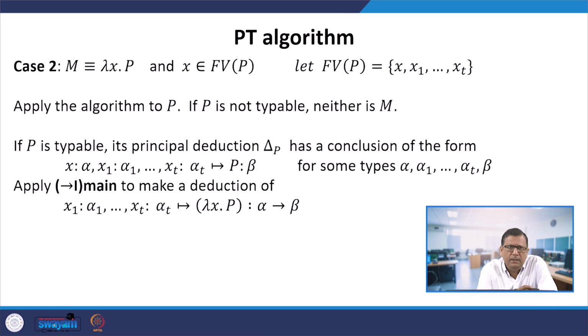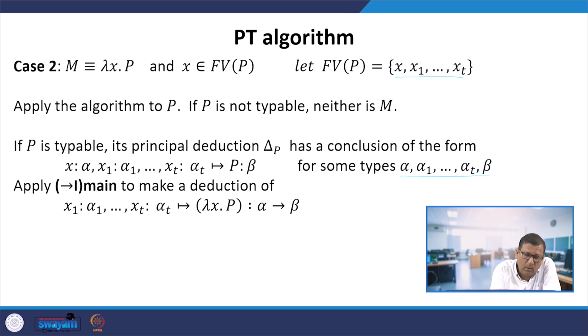That means the principal deduction of P will be delta P, and the conclusion will be of this form: that X has type alpha. These are the term variables, and we associate types with them. So for all of them we are associating some type that has been obtained as a conclusion, for some types alpha, alpha 1 to beta.